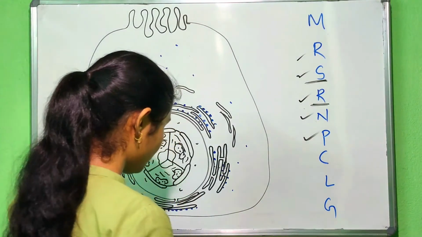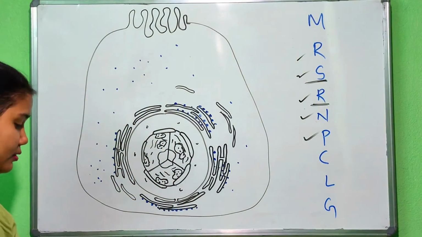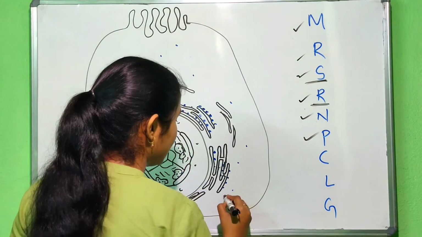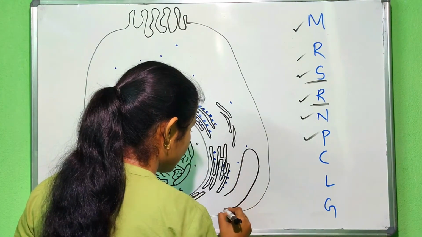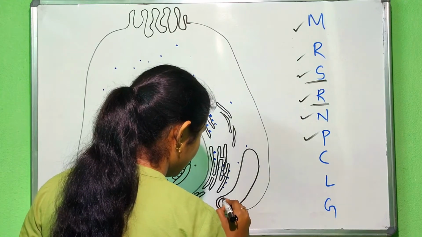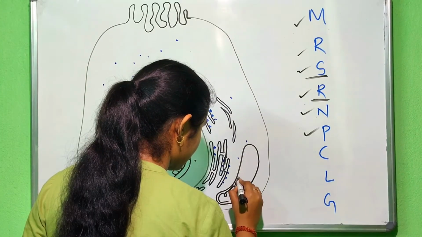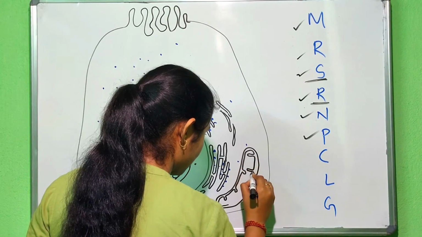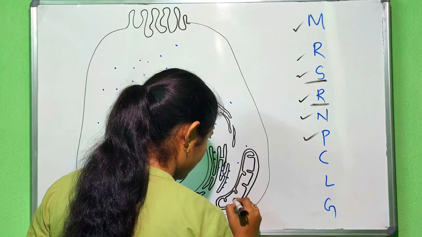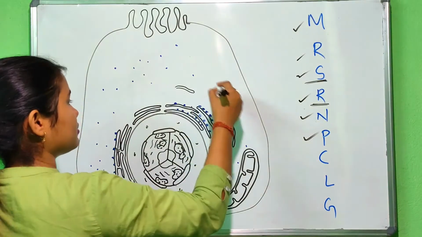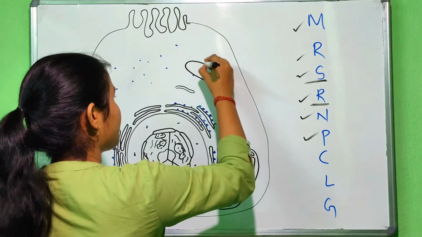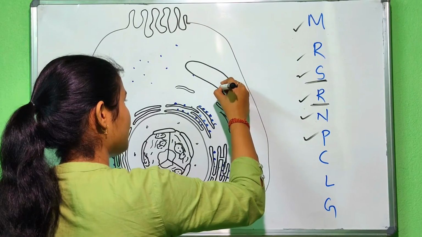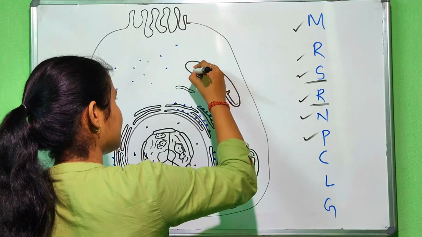Now let's come to the mitochondria. So let's draw. There are some bean-like structures which have inner projected compartments. The number of mitochondria in a cell depends upon the metabolic activity of the cell.